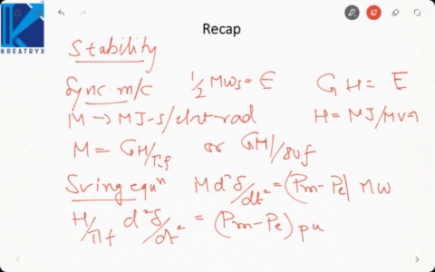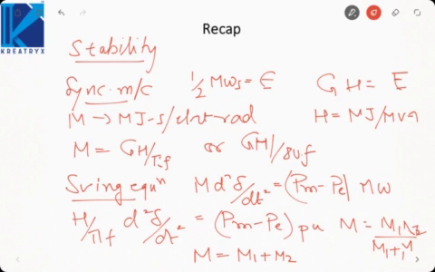Then we saw how we can convert our two machine system into a single machine system. If machines are swinging coherently, M was equal to M1 plus M2. If they were swinging incoherently, M was equal to M1 M2 by M1 plus M2. Okay, so these were the methods that we studied in the last lecture.